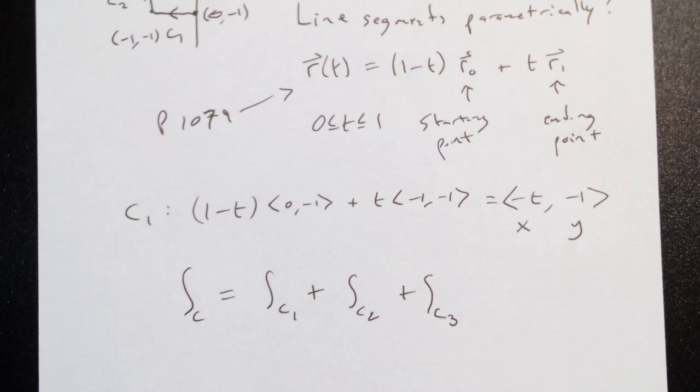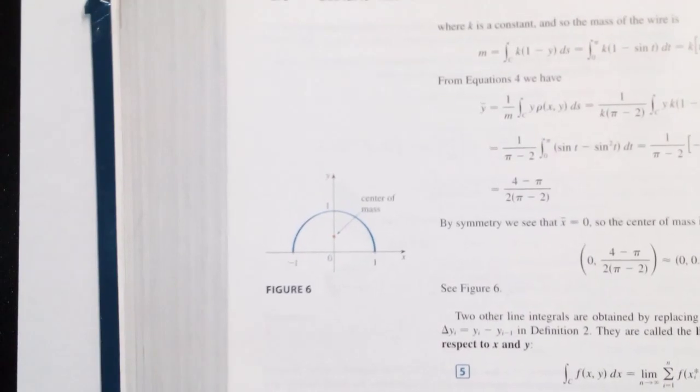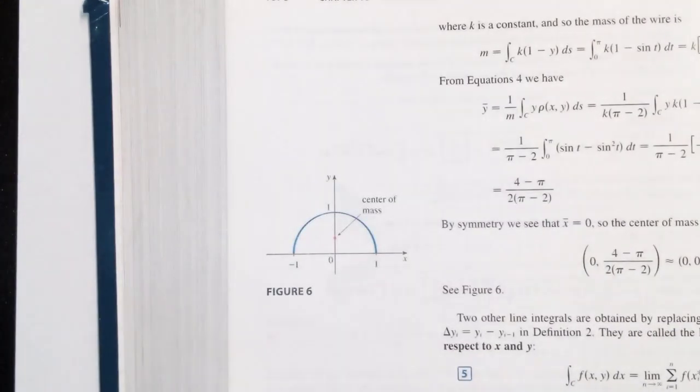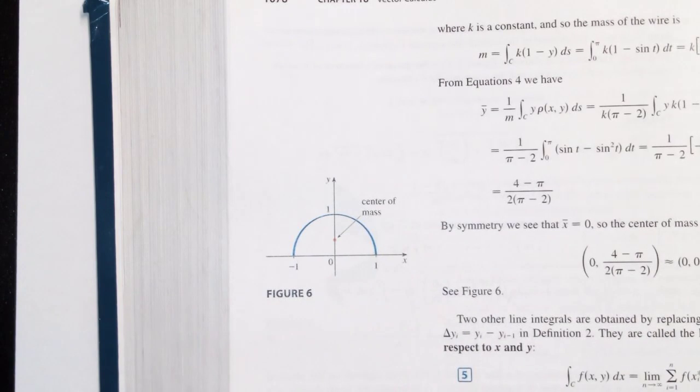Page 1078, figure 6. Here's a wire that is heavier the closer we get to the x-axis. So the ends here are heavier than the piece up here. Okay, where does it balance?